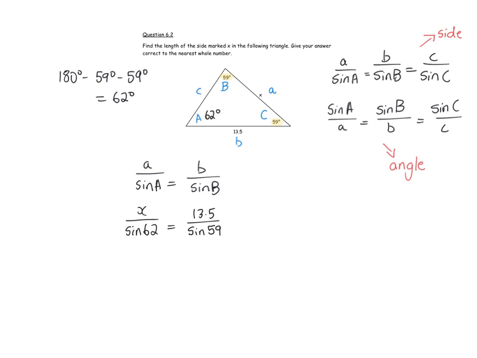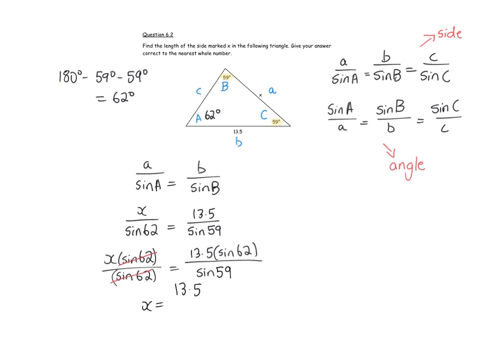Then we need to multiply both sides by sine 62, so we'll get x sine 62 over sine 62 is equal to 13.5 times sine 62, all divided by the sine of 59. The sine 62 and the sine 62 will divide to give us 1, so we'll be left with x is equal to 13.5 times the sine of 62 divided by the sine of 59.